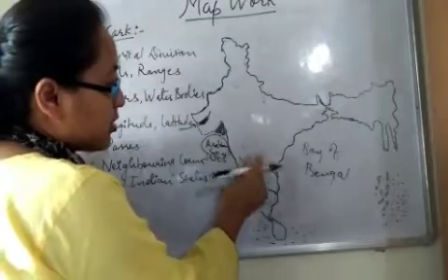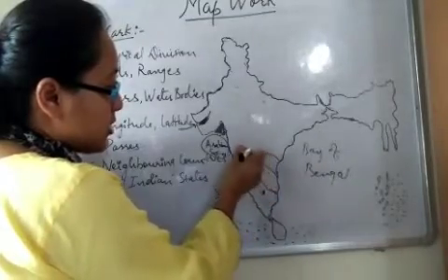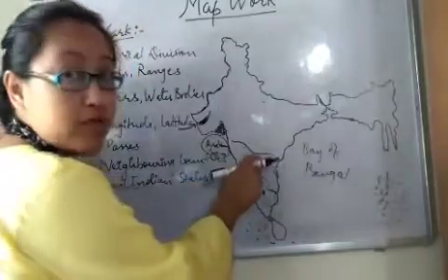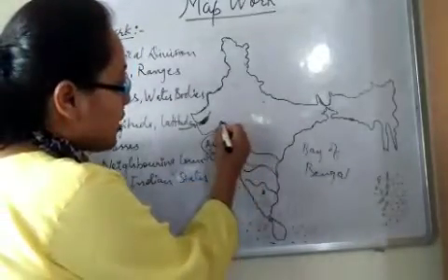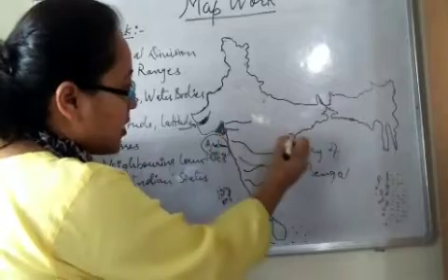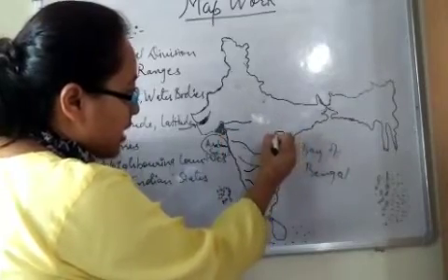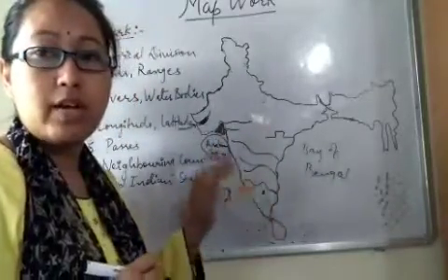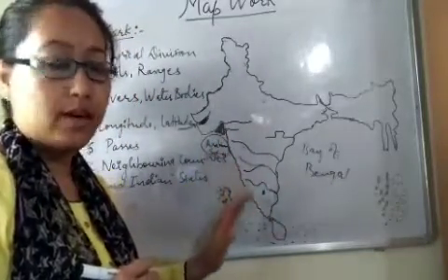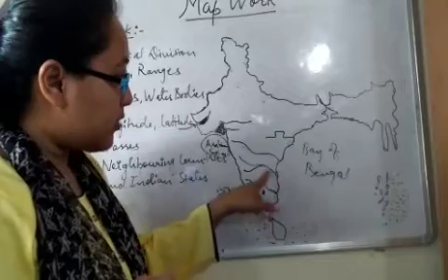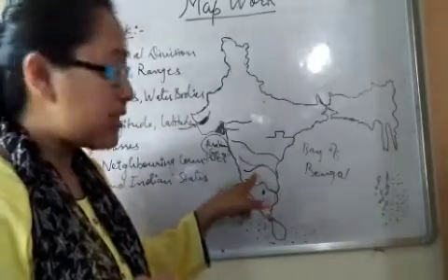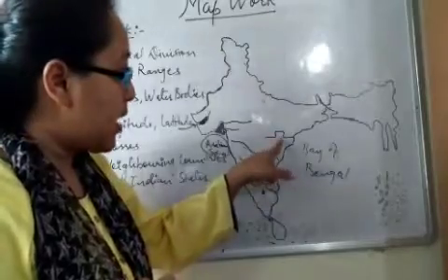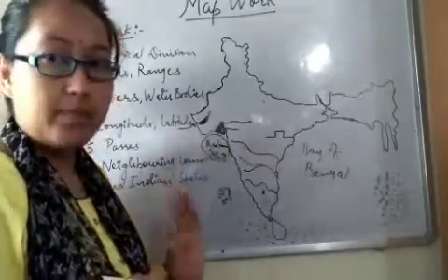Tungabhadra, Krishna, Godavari, which is the longest river of South India. Right? So here we have Narmada, Tapi, and here we have Mahanadi. These are the important rivers of South India. Kaveri, Krishna, below it Tungabhadra, then Godavari, the longest river of South India, Mahanadi, Narmada, Tapi, right?